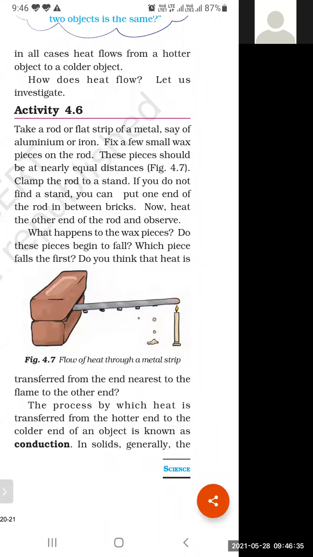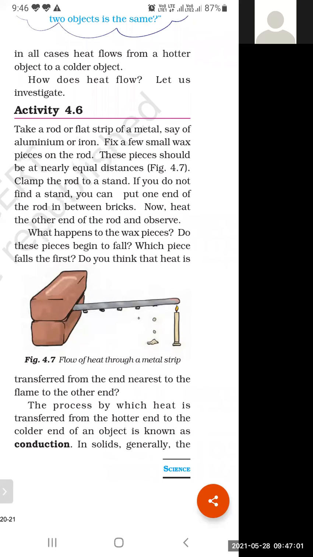If we heat aluminum metal or any material made of iron, aluminum, zinc, copper, or anything made up of a solid material or metal, and the heat is transferred, by which method will that heat be transferred? The method of conduction.